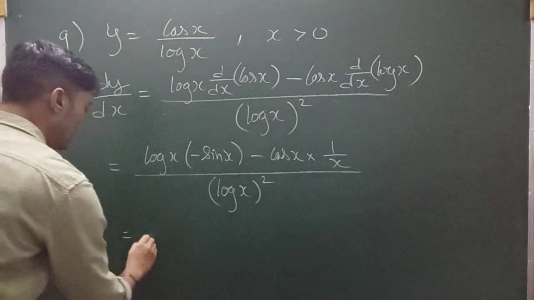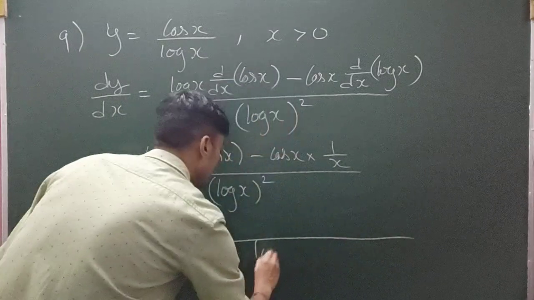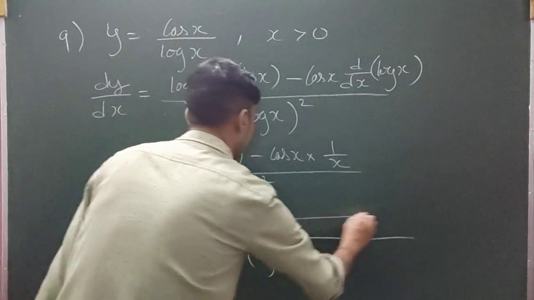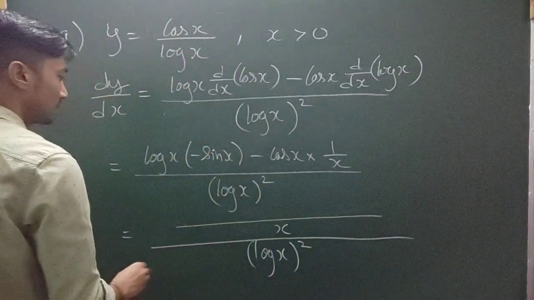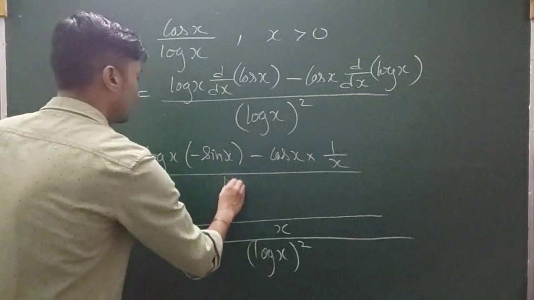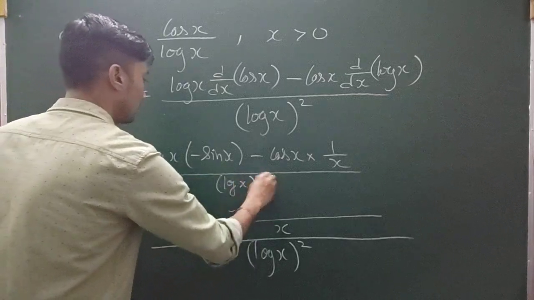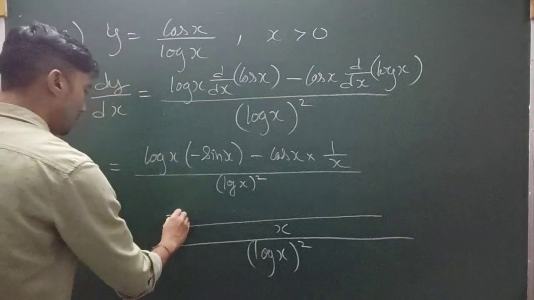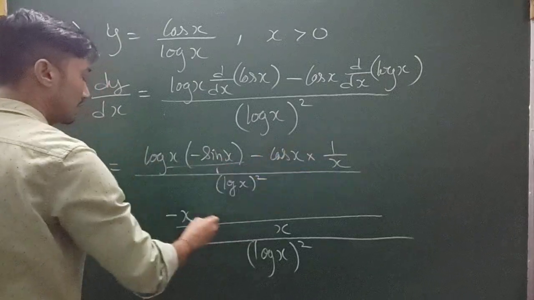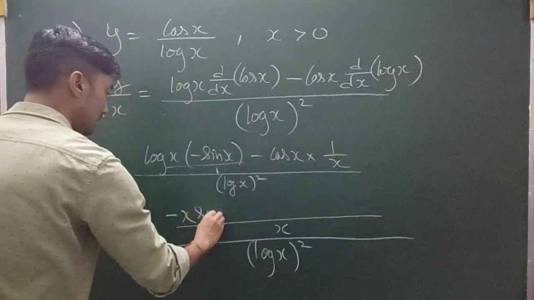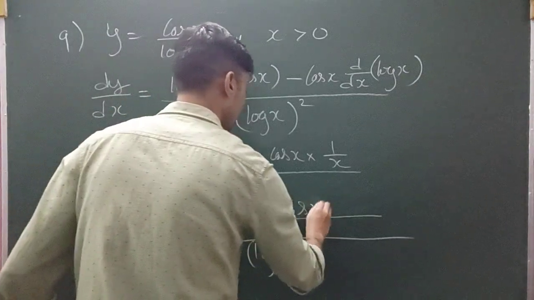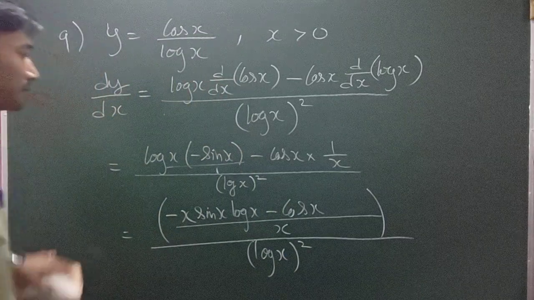So this will be log x whole square, taking a common LCM, x. I'll just write this a little bit smaller, log x whole square. So this is minus of, if you take the LCM, this is 1, so cos x by x, so x sin x log x minus cos x.